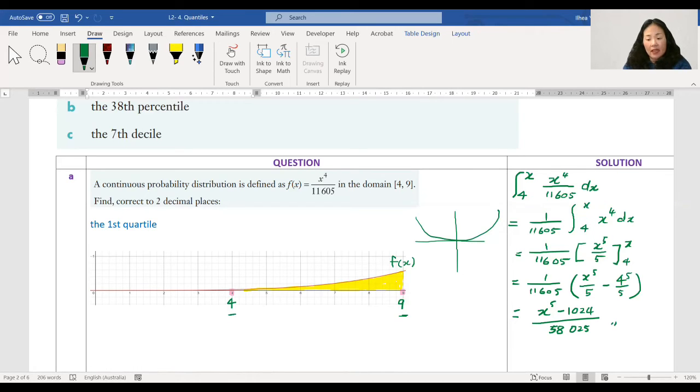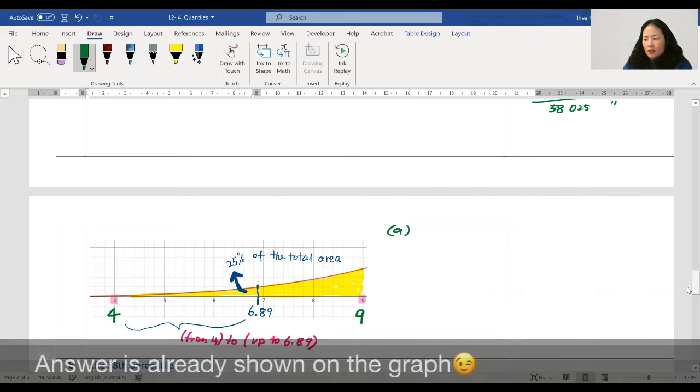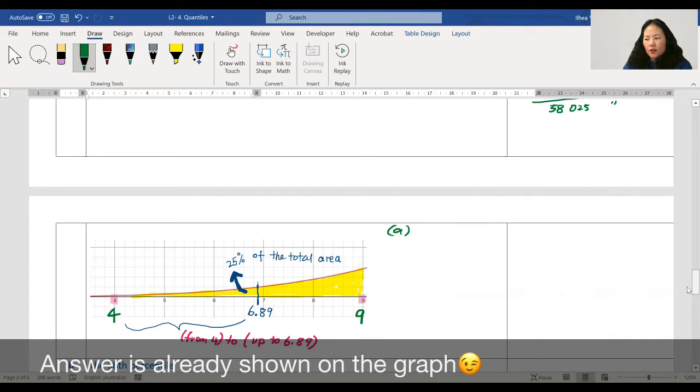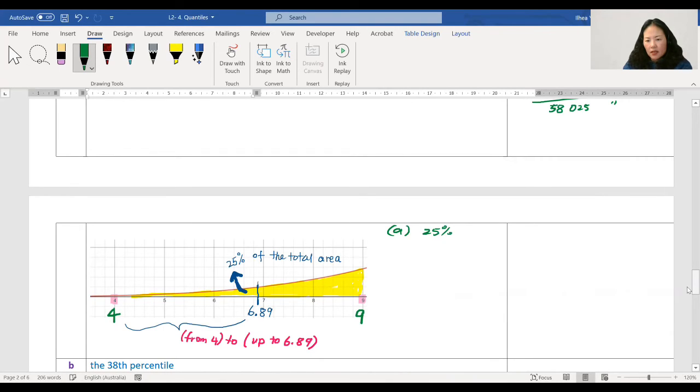We haven't really answered the question yet. Let's have a look. We want to know the first quartile, 25%. Okay, that's 0.25. So what we need to do is x to the power of 5 minus 1024 over 58025 equals 0.25.